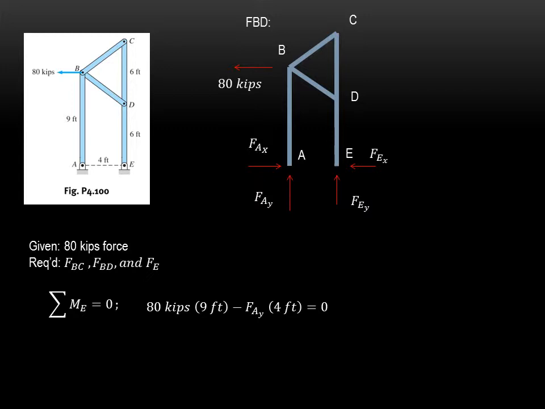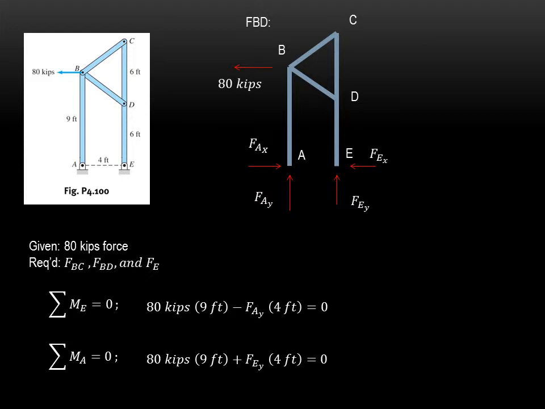Next, if we are to use point E as a moment center, we will be able to solve for F sub ay, since we can already see that the other unknown forces have their line of action at point A. Solving the two moment equations, we will be able to solve for F sub ay and F sub y.